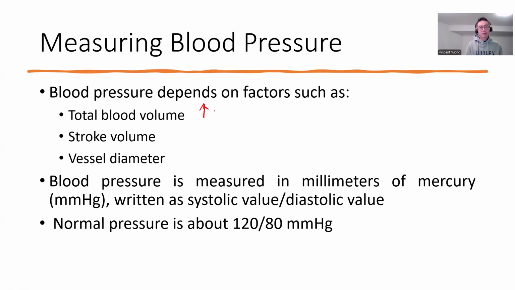Naturally, if you have more blood, so increased blood volume, that translates to higher blood pressure. So one of the things people take if they have chronic hypertension, long-term high blood pressure, is what's called a water pill.